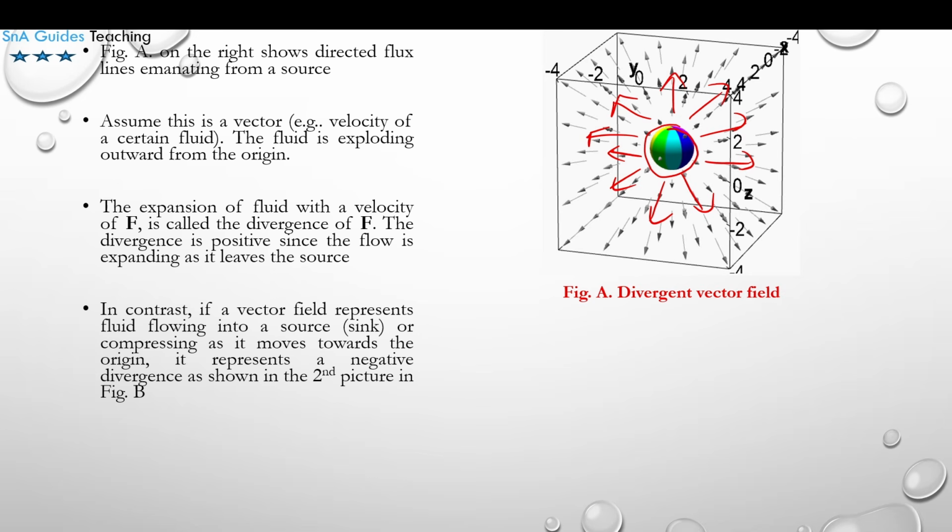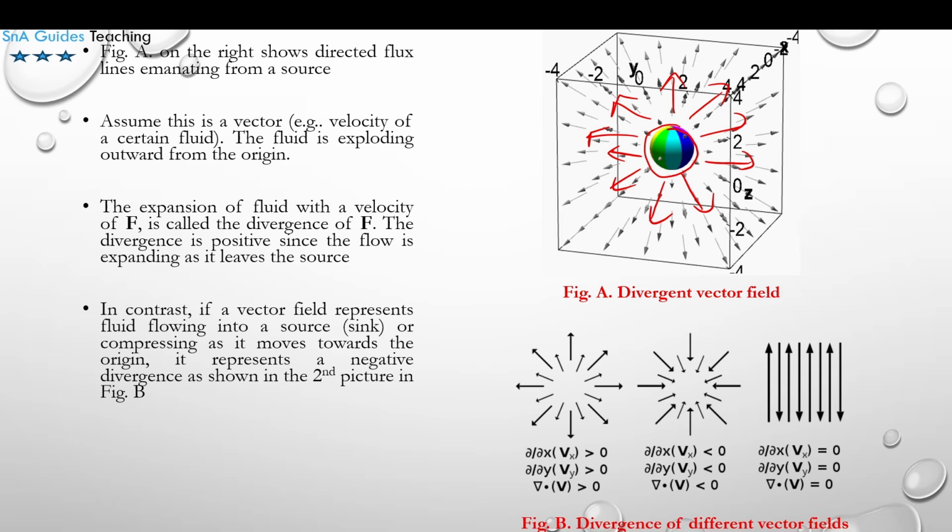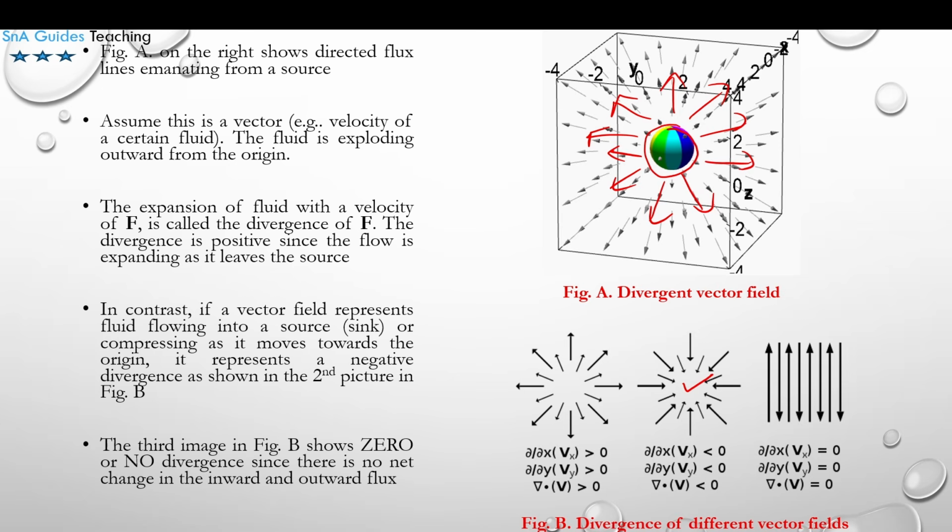In contrast, if a vector field represents fluid flowing into a sink or compressing as it moves towards the origin, it represents a negative divergence as shown in the second picture in figure B. Now the third image in figure B shows zero or no divergence since there is no net change in the inward and outward flux.